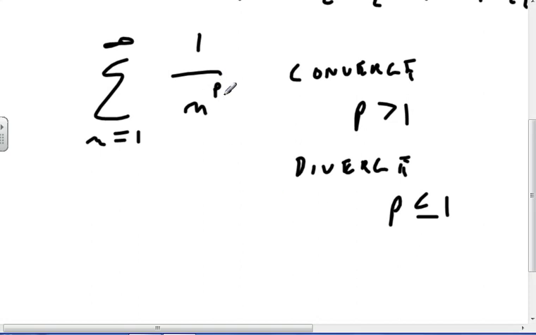Okay, so if this is a fractional exponent that I'm raising it to, then I'm going to diverge. If it's a whole exponent, then it's going to converge.